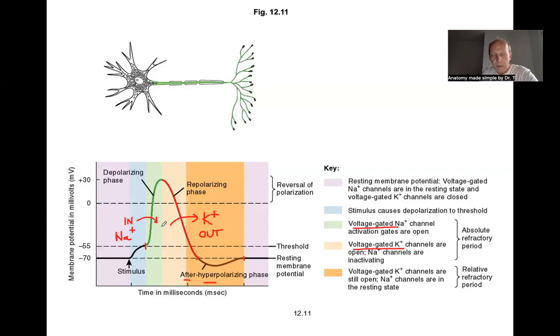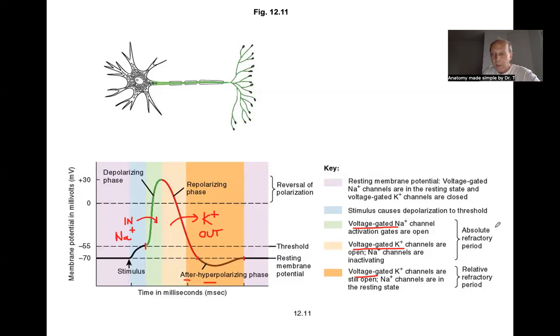So sodium came in and then it's time for potassium to come out in order to restore the original settings. And this is called the after hyperpolarization phase. Voltage-gated potassium channels are still open, and that is why the cell surpasses -70, going into the after hyperpolarization phase.